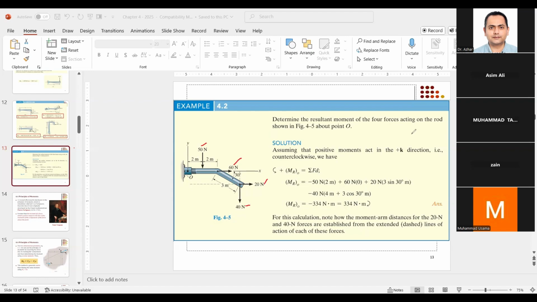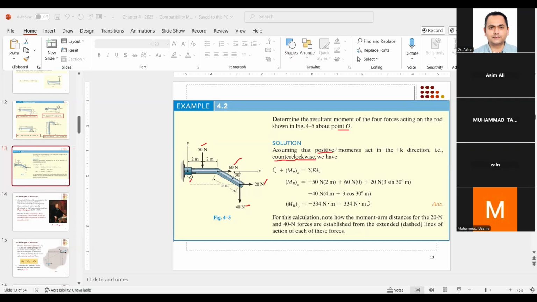The question is we have to determine the resultant moment because of these forces about point O. Some of them would be producing clockwise movement, others counterclockwise movement. So in this problem, we shall consider counterclockwise as positive, which means clockwise as negative.